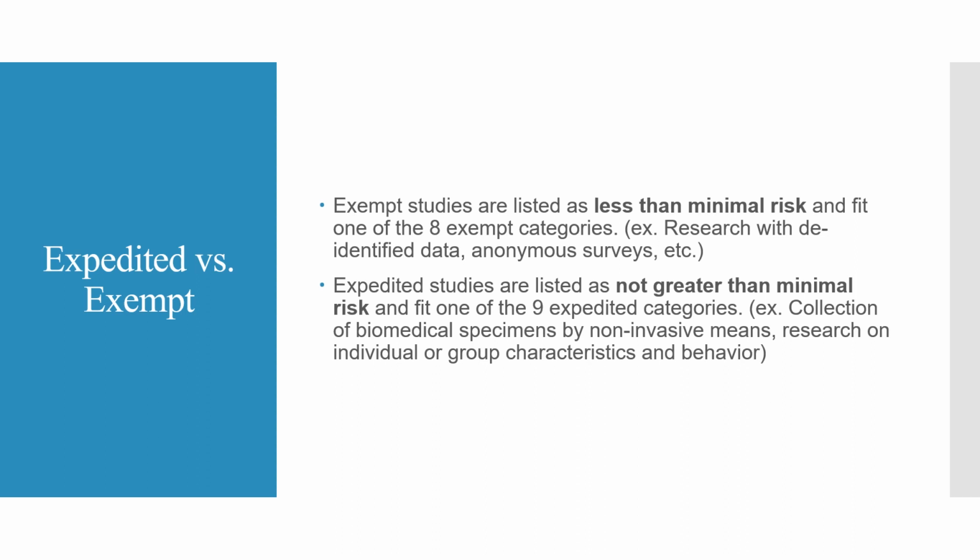So an example of them would be collection of biomedical specimens by non-invasive means. So that could be taking hair samples or nail clippings to do research. Could also be research on individual or group characteristics and behaviors. So rather than the anonymous surveys you'd see in exempt studies, these surveys might tell you a little bit more about the people and be just a little bit riskier. Again, the big difference between those two is how close they get to that level of minimal risk.